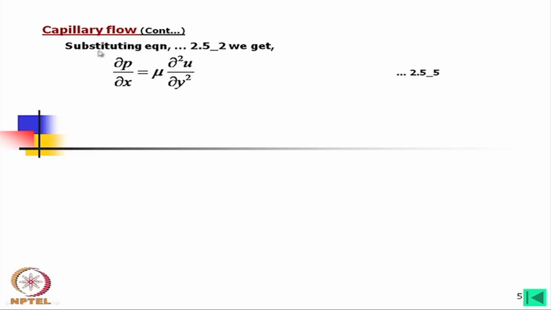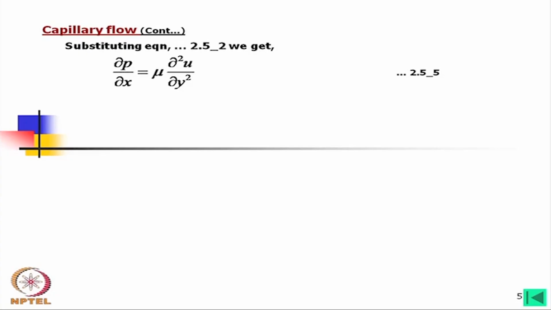Okay. So, from the equilibrium of the fluid in a capillary passage, we have arrived at an equation that the change in pressure in the x direction is defined by viscosity into del square u by del y square. This means the rate of change of u in y.